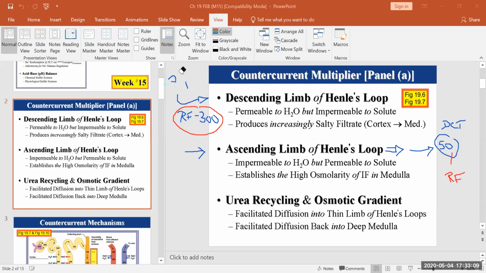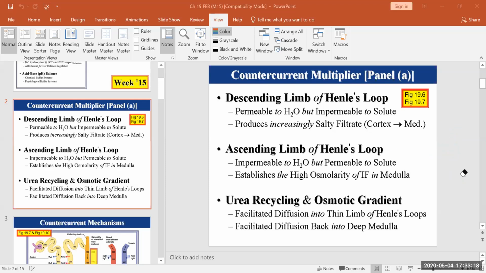There's one more thing in addition to this, and surprisingly, the kidneys rely on a waste product. When we catabolize our protein, we generate nitrogen. And the main source for nitrogen disposal is in the form of urea.